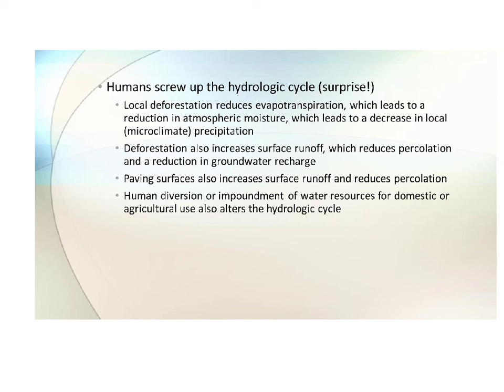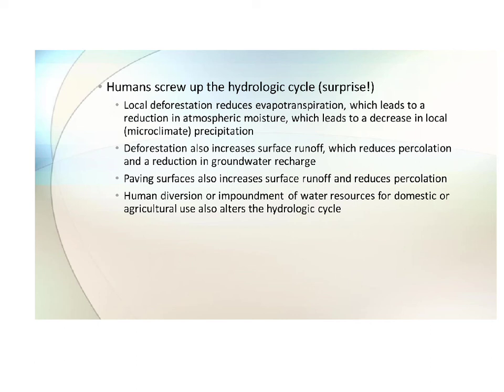Deforestation also screws up the water cycle by increasing surface runoff. When the trees aren't there to buffer the impact of the rain, first off, you get erosion, and we already know that, but we're not talking about erosion here. We're talking about the surface runoff. There's nothing to absorb the water, and so the water just runs right off, and it runs into larger bodies of water.